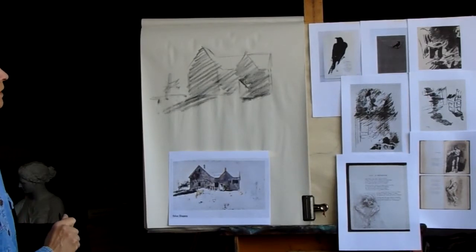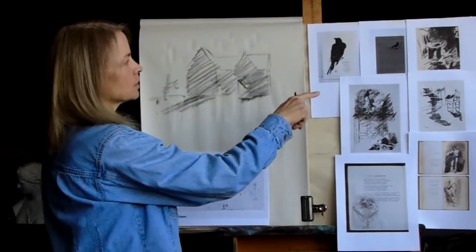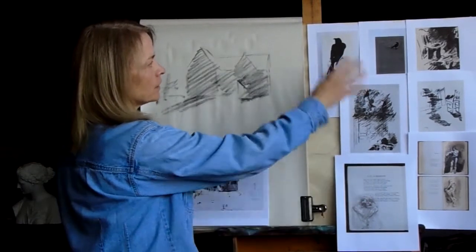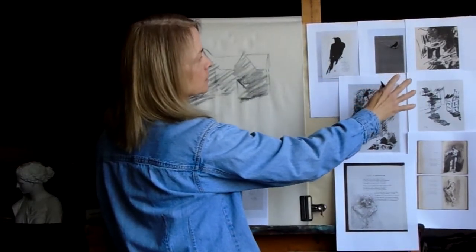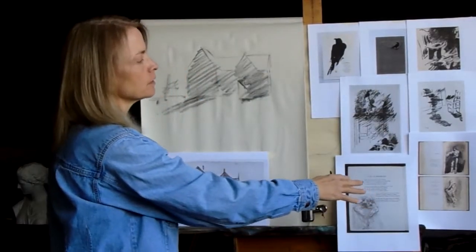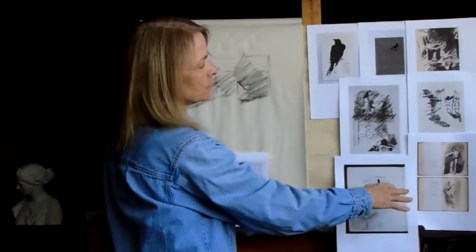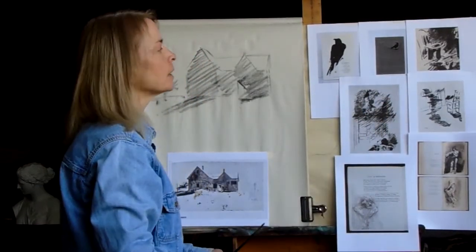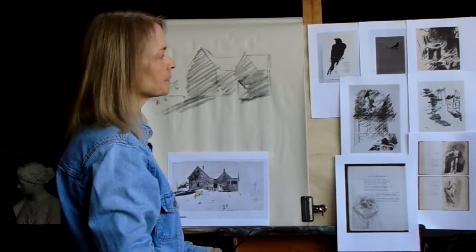So let's look at these sketches over here. There's two different books here. There's Edgar Allan Poe's The Raven, and down here is Charles Baudelaire's The Flowers of Evil. Now these illustrations were rendered by Edouard Manet.